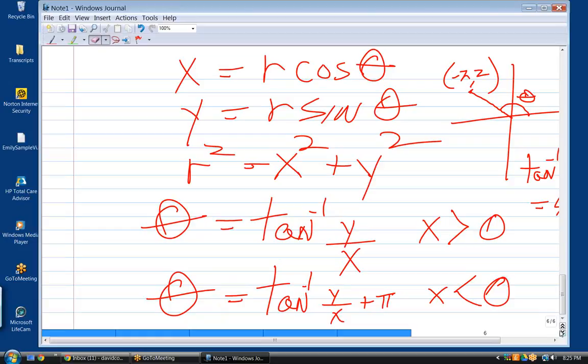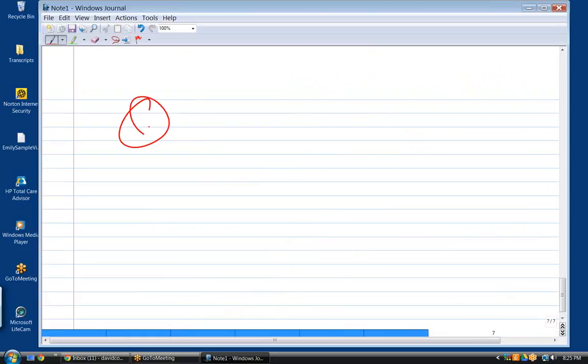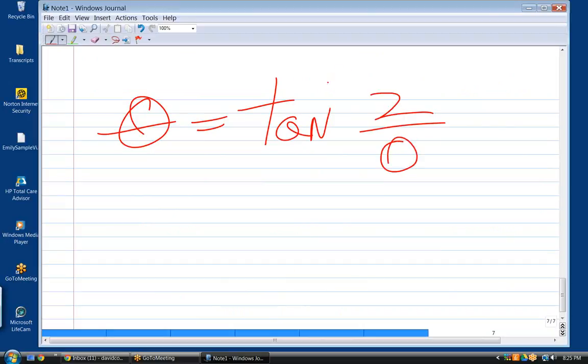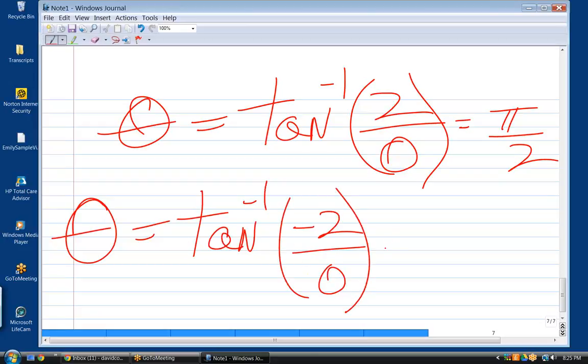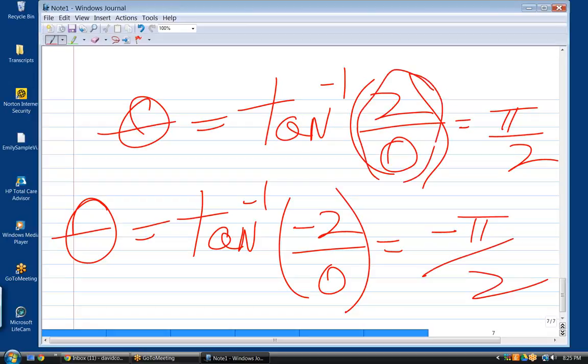In other words, this is a real problem. Theta equals the inverse tan of 2 divided by 0. That is not undefined. That's pi over 2. If theta equals the inverse tan of minus 2 over 0, that's minus pi over 2, which are the two places where tangent is undefined. Well, this thing is undefined, so I'm looking for the angle that gives me that undefined.